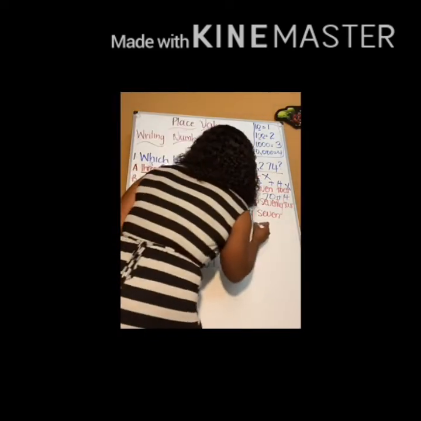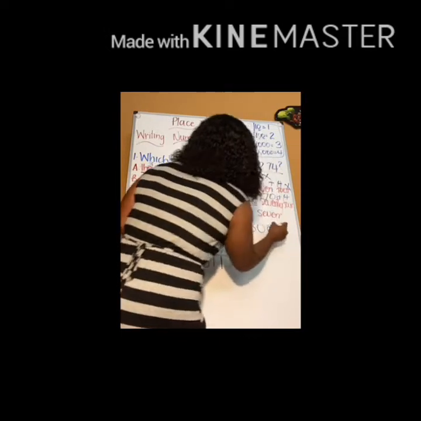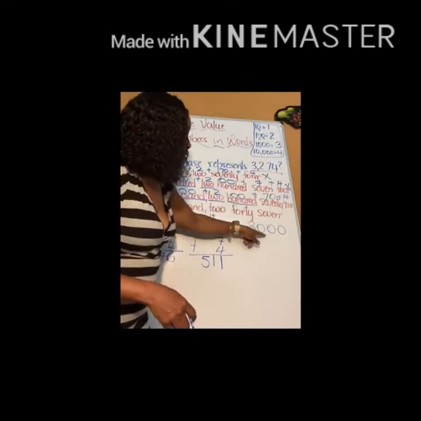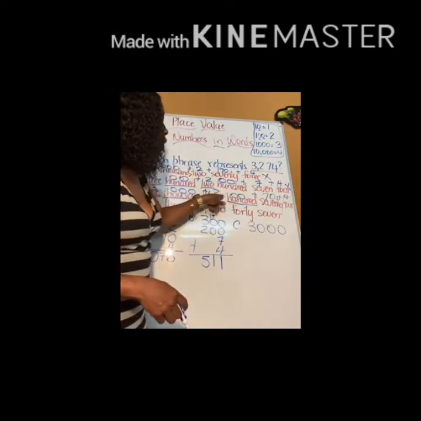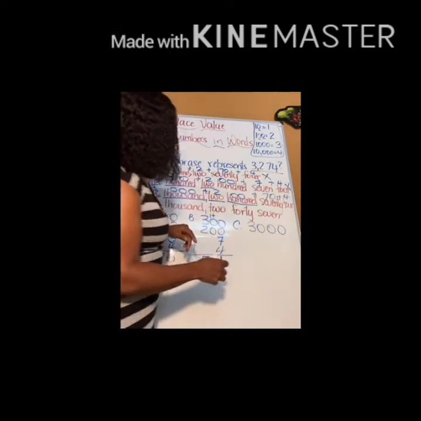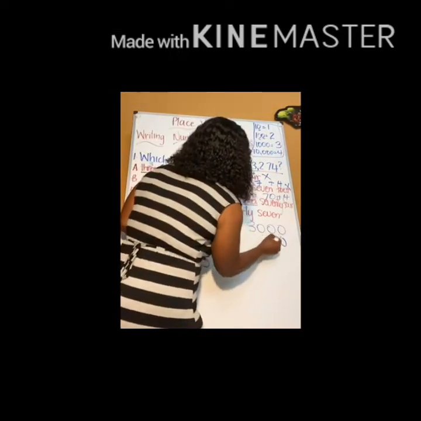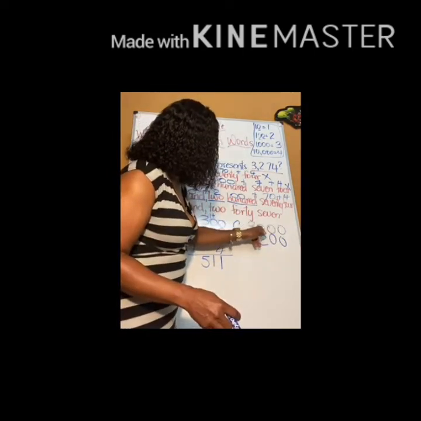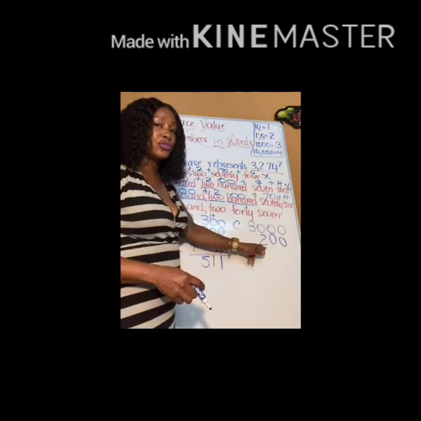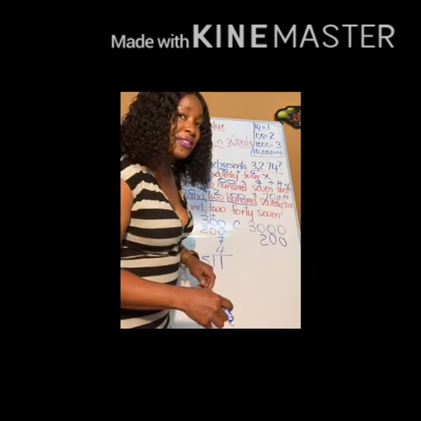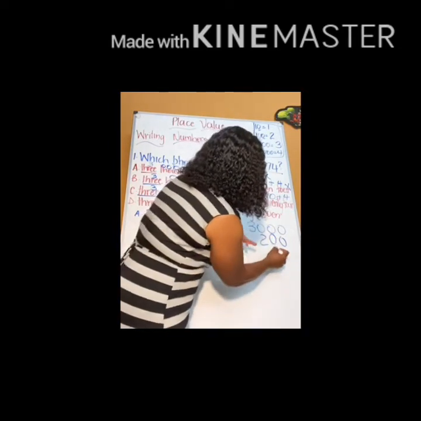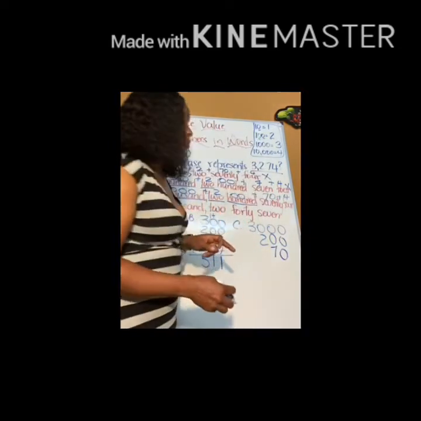So I'm writing 3,000 plus 200. 3,000 has 4 digits and 200 has 3, so I can count 1, 2, 3, and start writing my 200 here. Plus 70. So 70 has 2 digits, 1, 2. So 7 goes there, 0 goes there.